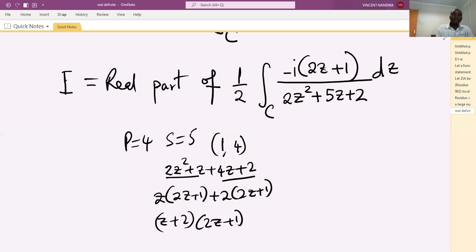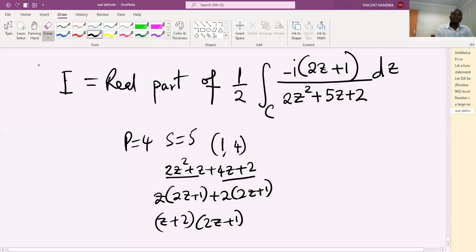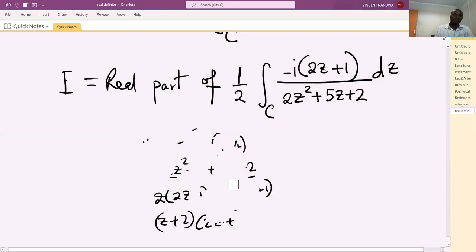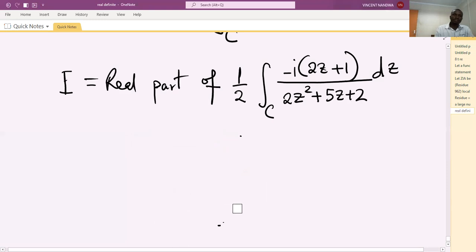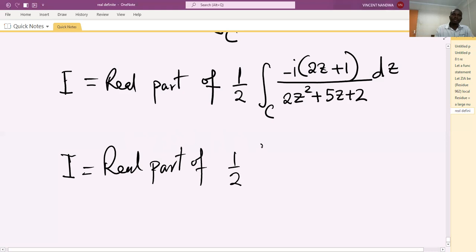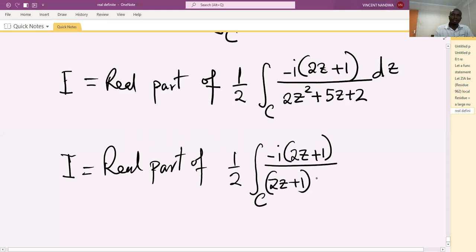Which means that I can be written as the real part of the integral along C of negative i times (2z plus 1), and then the denominator is (2z plus 1)(z plus 2) dz.